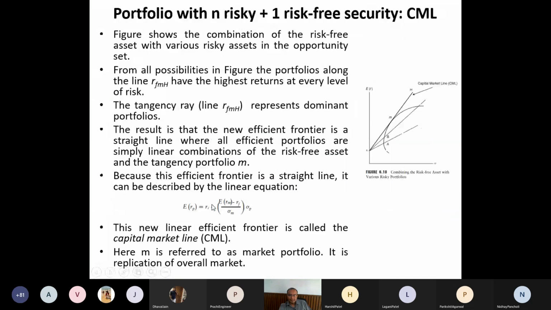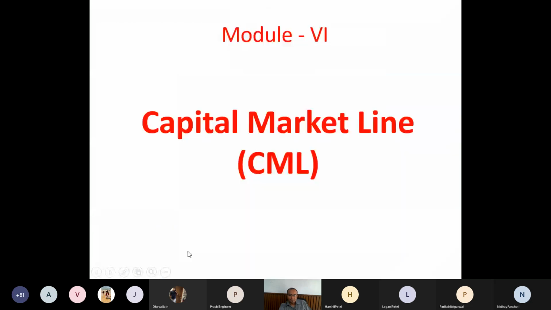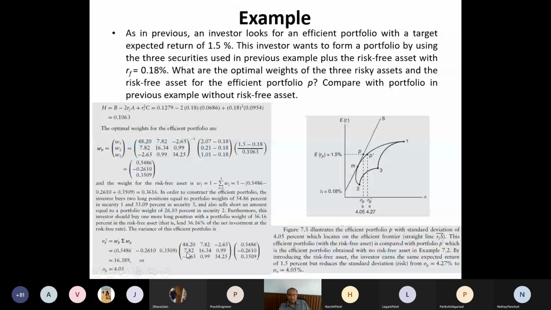In the previous example, with the same data of the risky securities, all weights were positive. Now if I introduce one risk-free security with the same risky portfolio, one weight, say W2, comes out negative. If I know the weights of the risky securities, I can calculate WF by subtracting from 1 the summation of all these, and find the weight of the risk-free security.